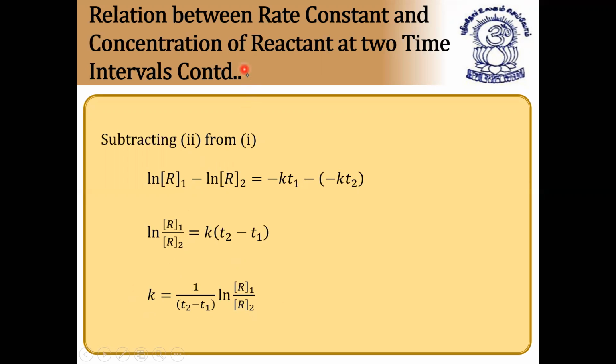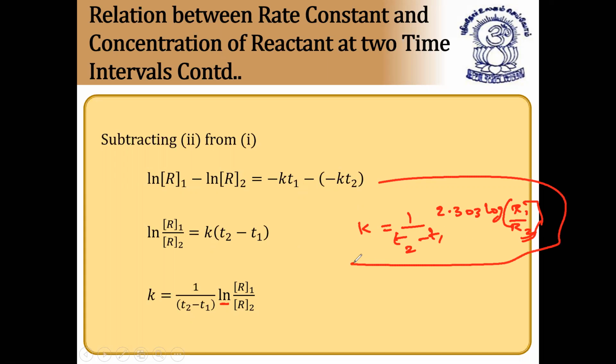The same formula you can represent from the examination point of view. If two time intervals and two concentrations are given, then we can find k is equal to 1 by t2 minus t1. For removing the natural logarithm ln, we have to use 2.303 log of concentration R1 by concentration R2. This is the formula. This formula you have to apply in the examination.